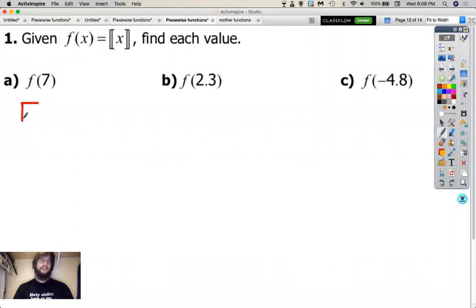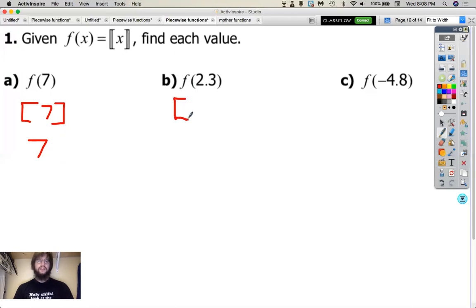Well, that's the greatest integer of 7. What's the greatest integer that is less than or equal to 7? 7. Nothing really interesting there. It is what it is, right? 7 is an integer, so the greatest integer function is just going to give itself back.